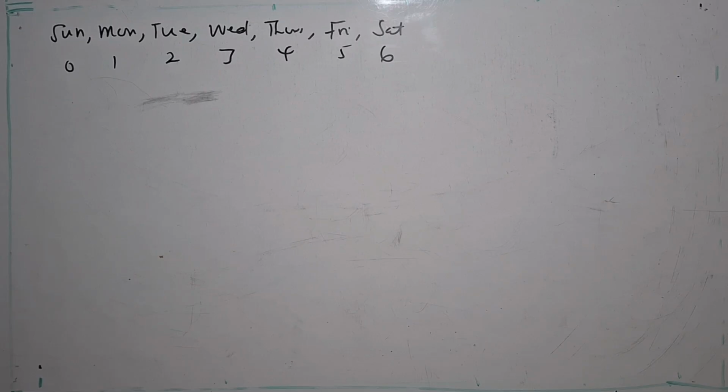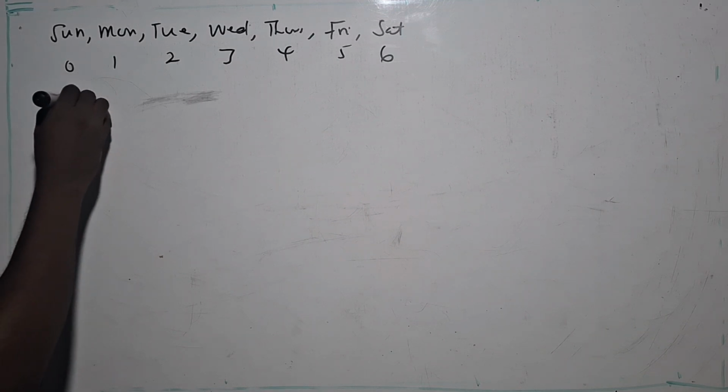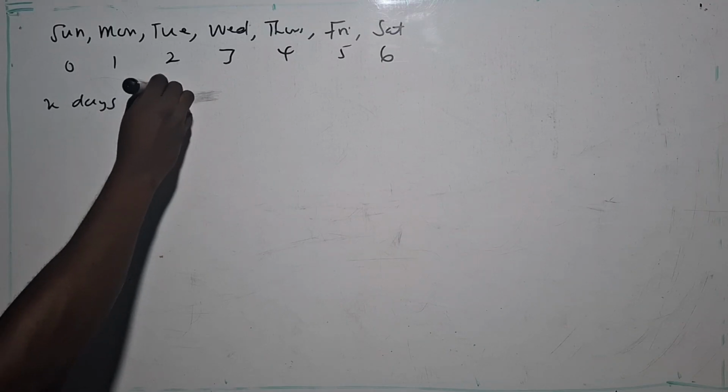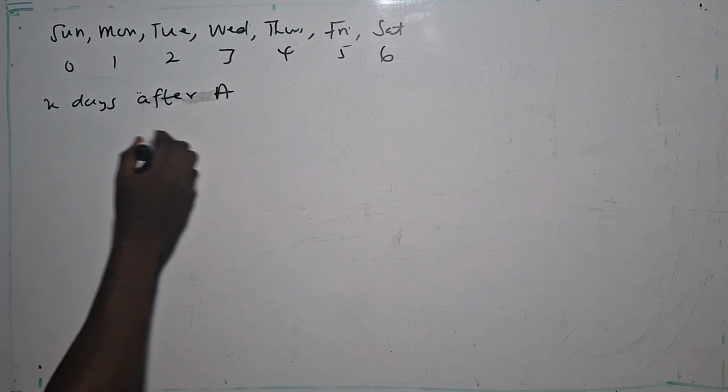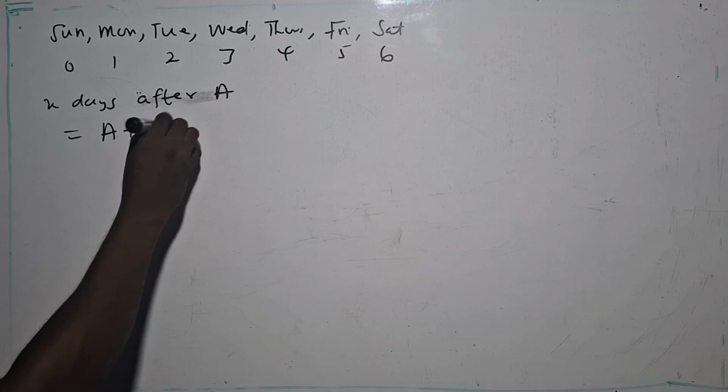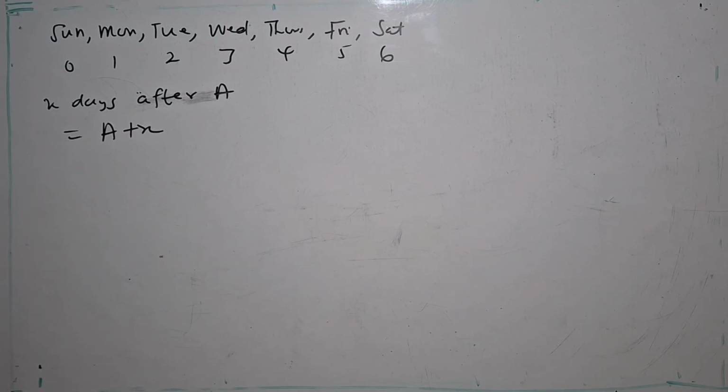Now what you need to understand is that, as we did for the month and as we did for the time, if they say find these days after, so if we have X days after A, it means you are going to add X to A. So if they say find 4 days after a particular day, you use the number and calculate for it.